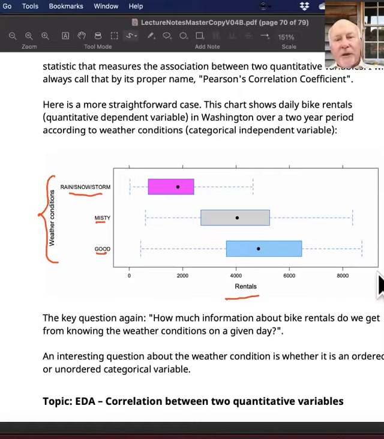And when you're doing that, you want to be able to estimate the demand on any given day of the week or any day that's coming up. And so if the weather forecast is correlated with the demand for rental bikes, then that might help you with that decision making. That's the context.